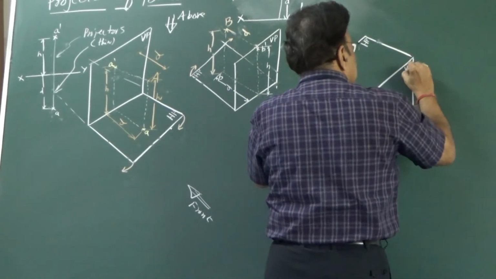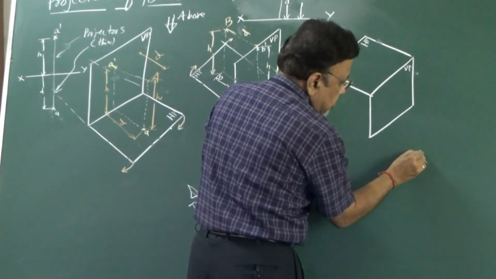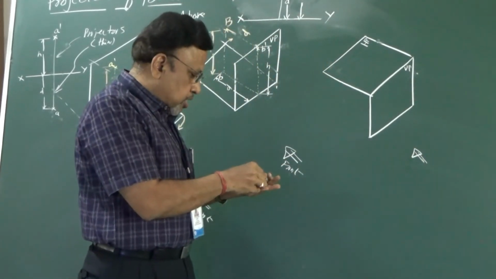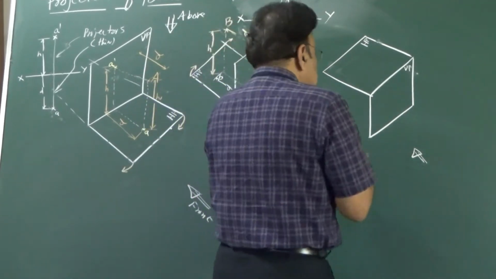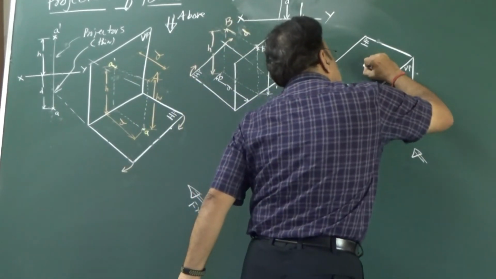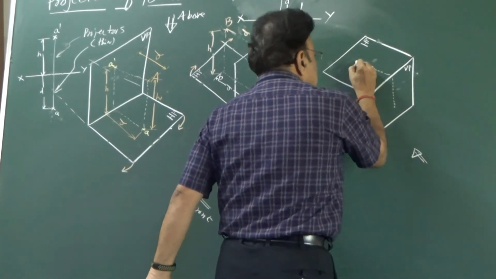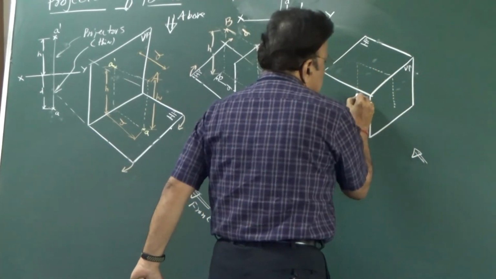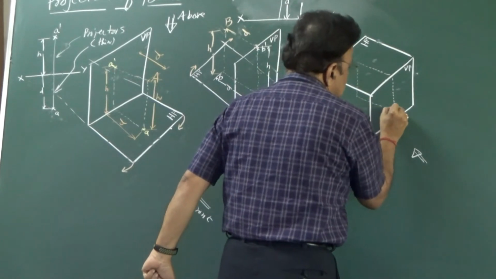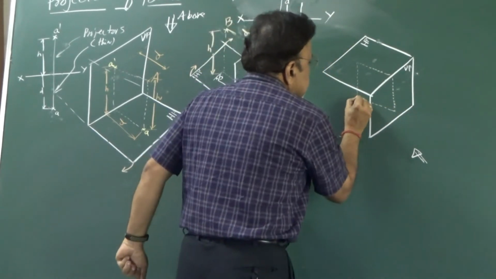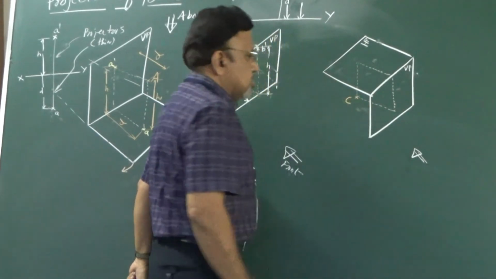HP, VP and the position of the observer. Now I want to consider a point, let us say C. Okay, so let me indicate that. Now let me say that this is that particular point C I am interested in.